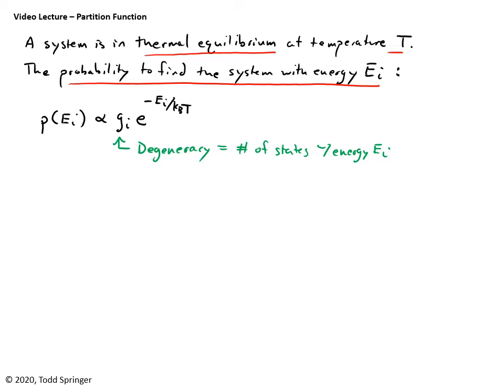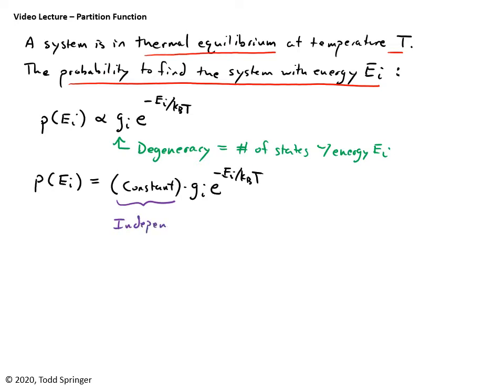So if I write this in a little more detail, instead of proportional to, that means it's equal to some constant times gi e to the minus Ei over kBT. And by constant, I mean it has to be something, it doesn't mean it's a pure number, but it means it's independent of i, so it's common to all states.